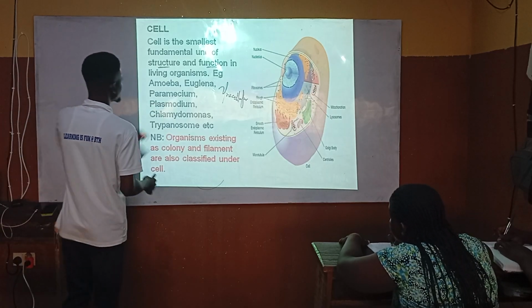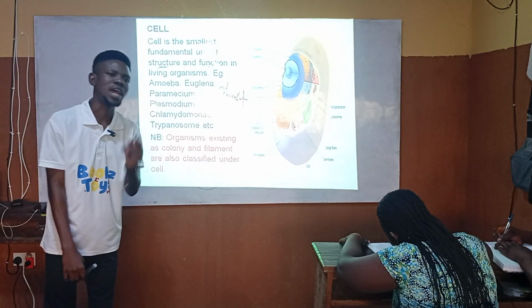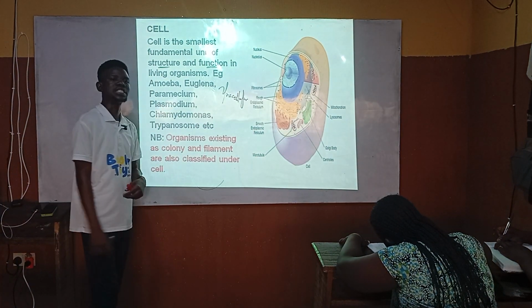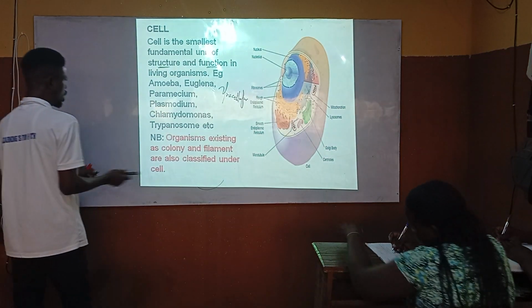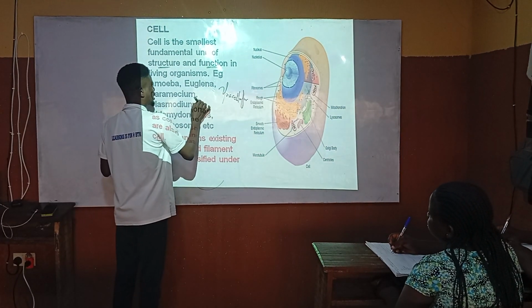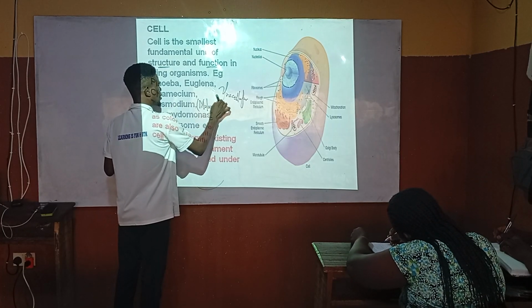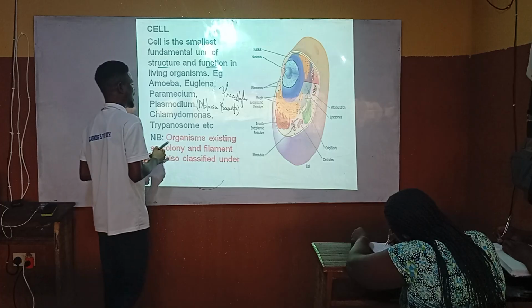So we also have the euglena. Euglena as well can survive alone as a single cell. We also have paramecium. Paramecium is a slipper-looking organism. We also have the plasmodium. Take note, plasmodium is the malaria parasite.